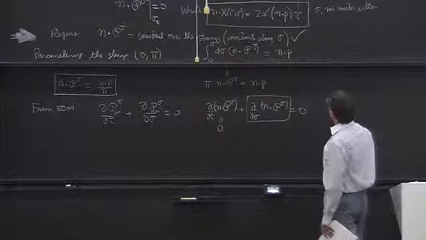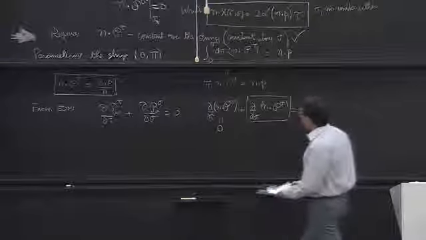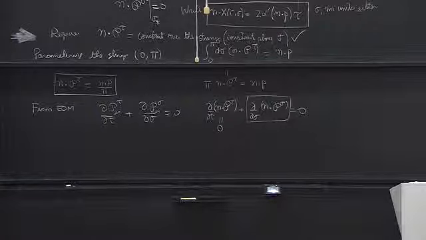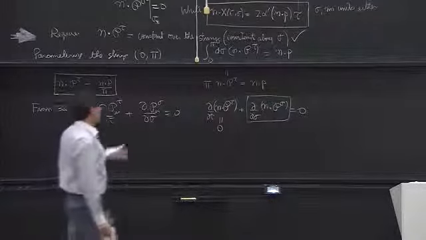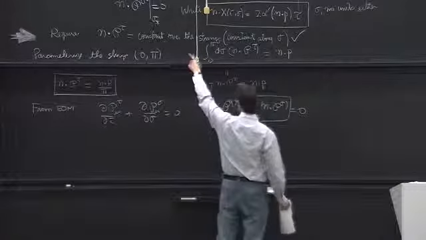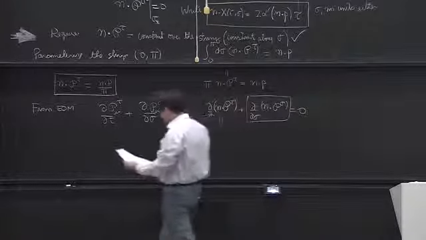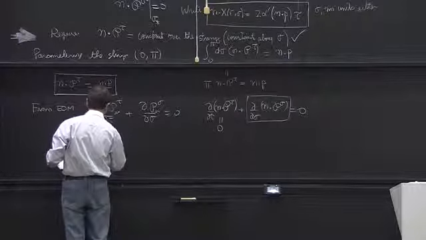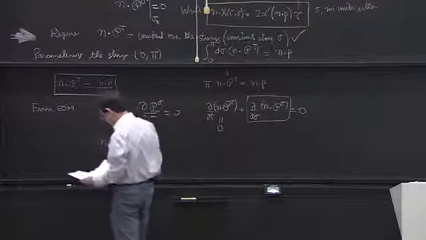If its sigma derivative is 0, and it vanishes at the endpoint, it's 0 all over. Because its sigma derivative vanishes, and by the boundary condition it is 0. So n dot p sigma is identically 0.